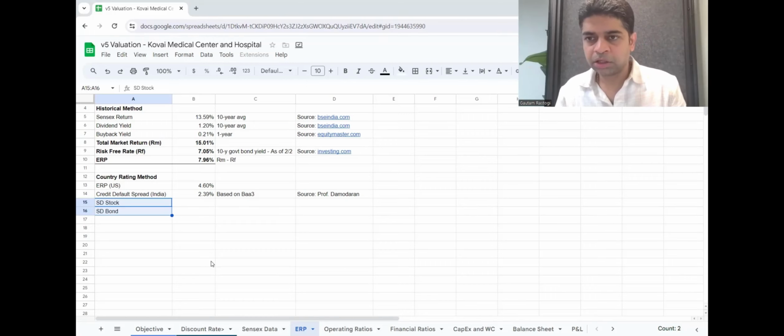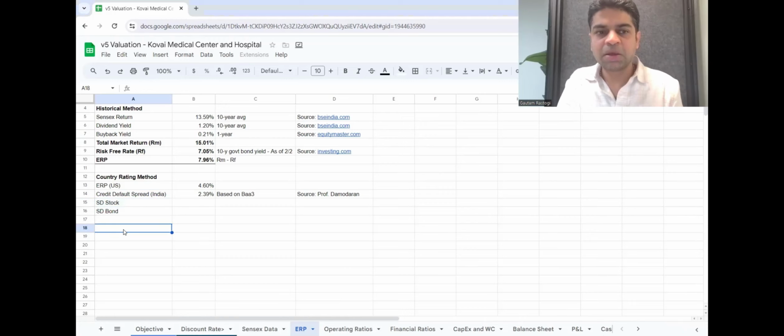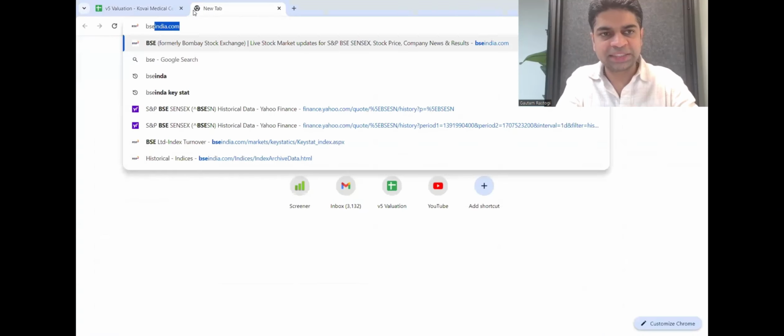So what I do is I estimate this information for India, and there is a very easy way to do this. You can estimate standard deviations of both stocks and bonds, but the easier method really is: you go to BSE India.